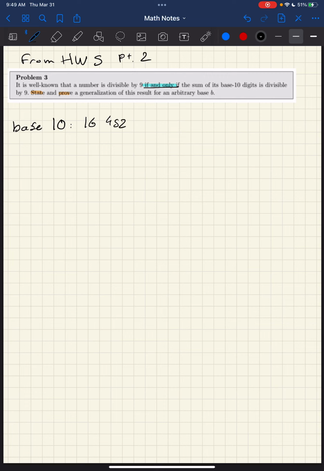If we have a number like 16,452, if we add up its digits, so 1 plus 6 plus 4 plus 5 plus 2, we get 18. And we know that 18 is divisible by 9, since 18 divided by 9 is 2, which is an integer.